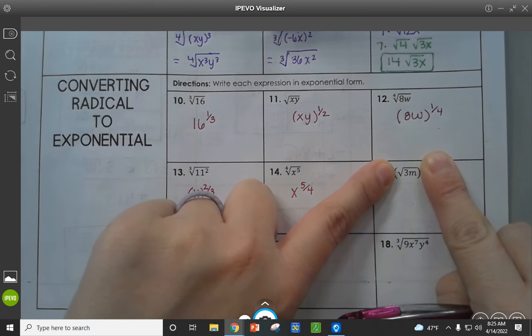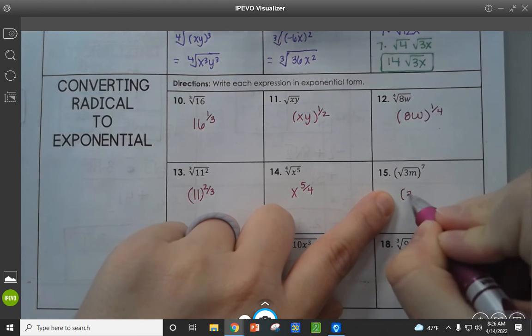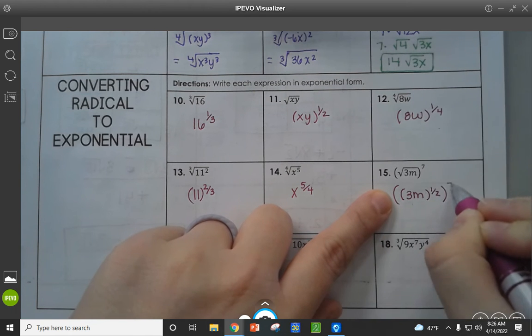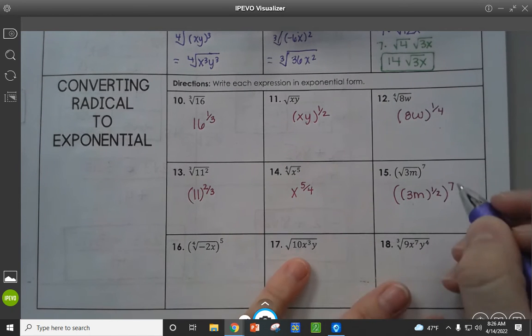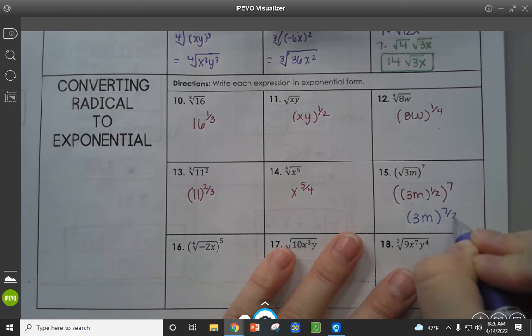How would I write this one? (3m) to the 1/2 power, and then I've got a 7 exponent on the outside. Do you remember your exponent rules? What do I do with these two numbers? Multiply them. So if I multiply 1/2 times 7, that's just 7 over 2. So (3m) to the 7 over 2 power.